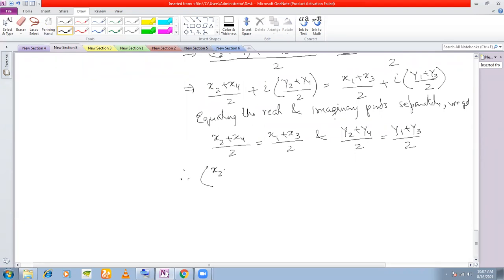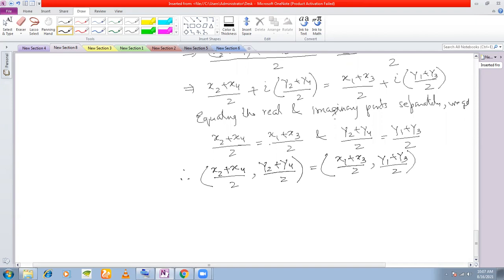Therefore X2 plus X4 divided by 2, comma Y2 plus Y4 divided by 2 is equal to X1 plus X3 divided by 2, comma Y1 plus Y3 divided by 2.